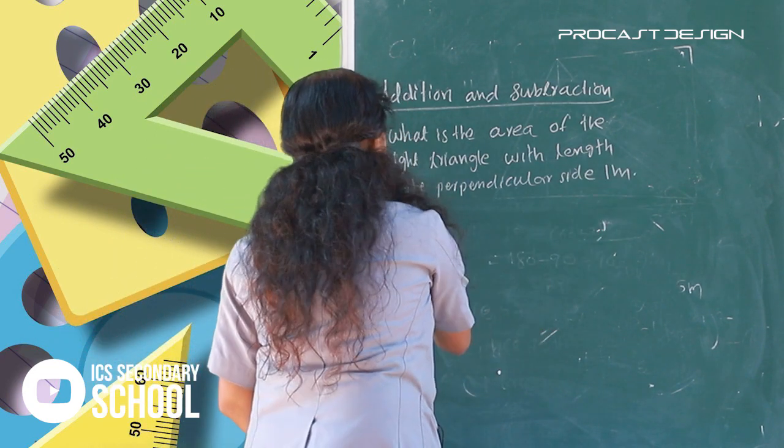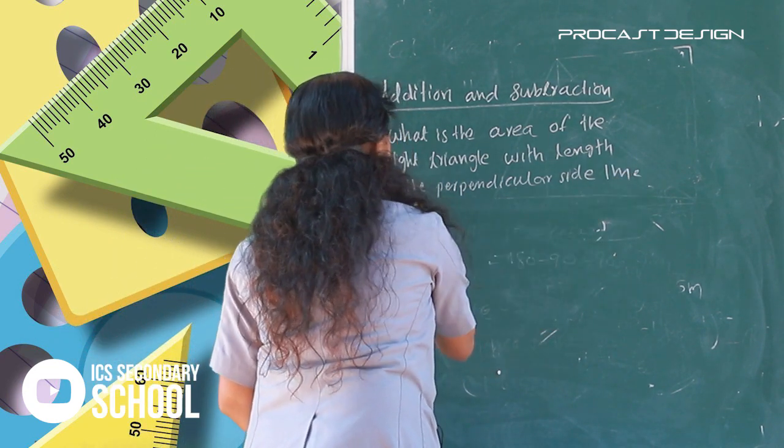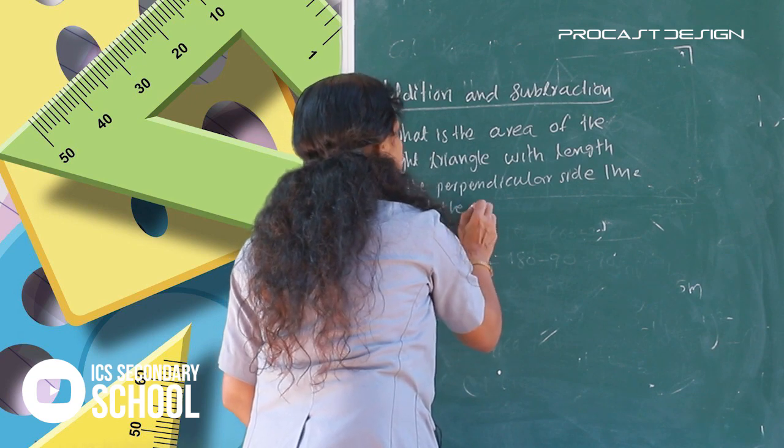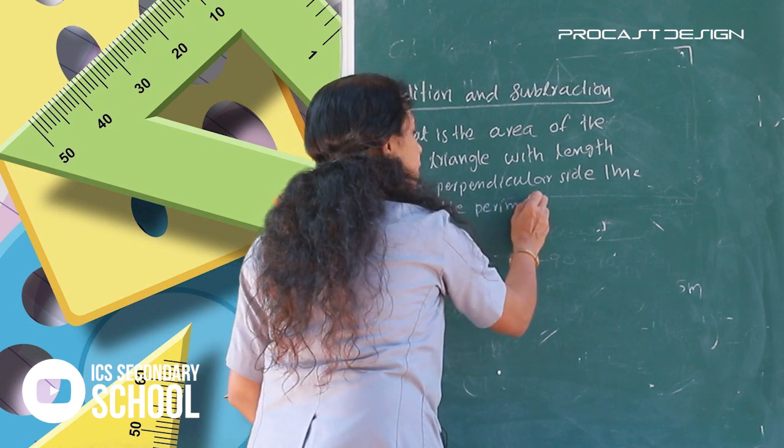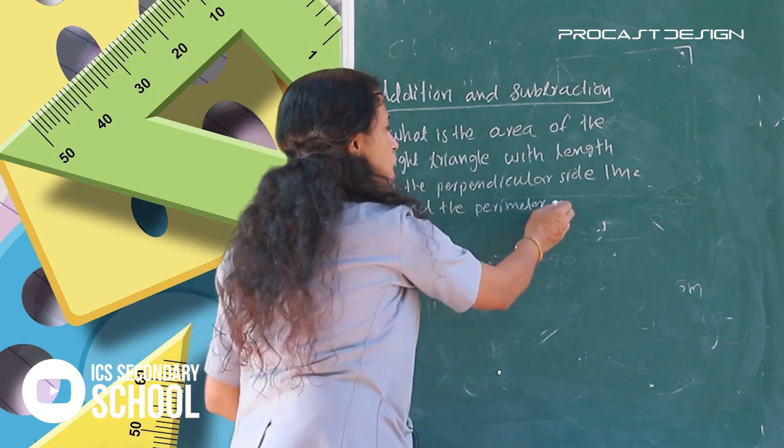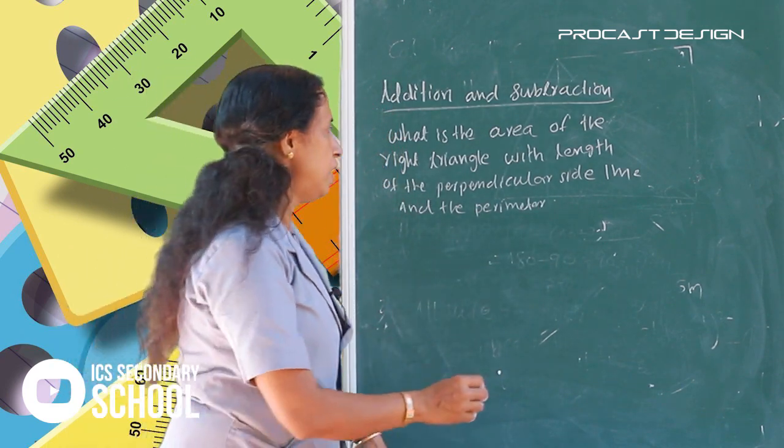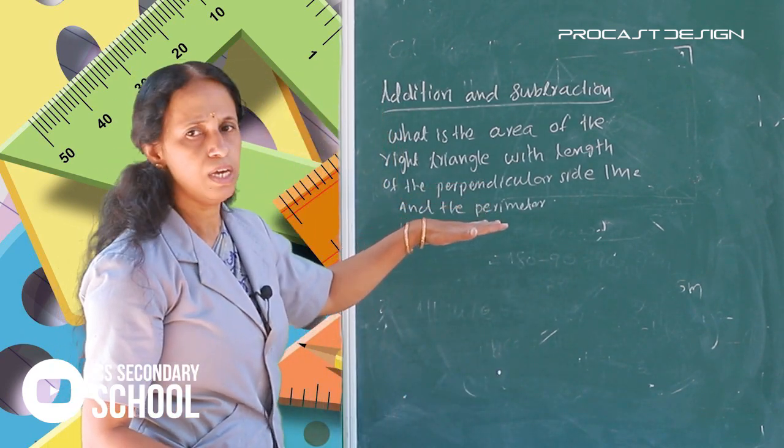Find the perimeter and area of the right triangle.